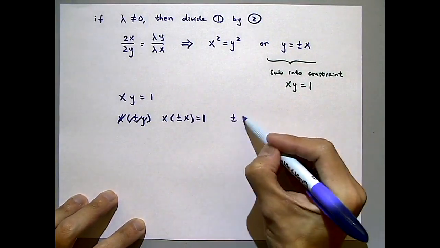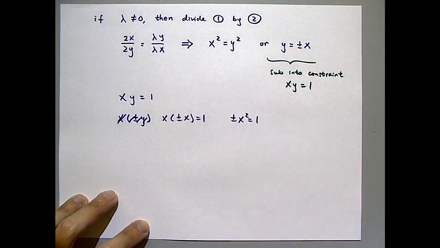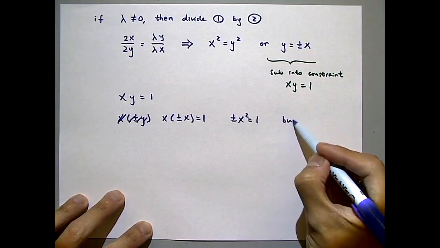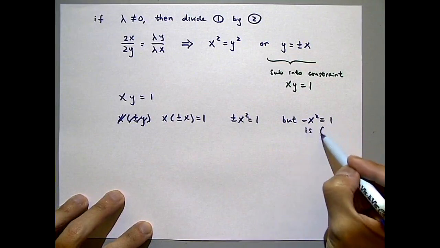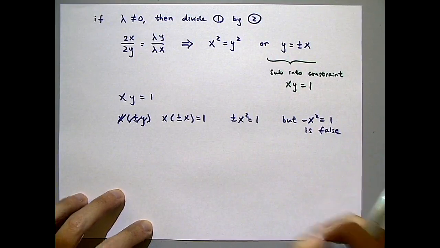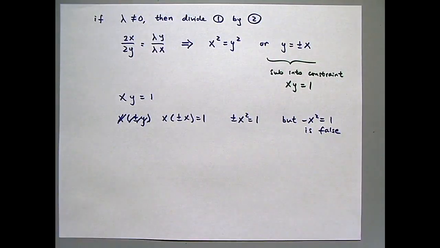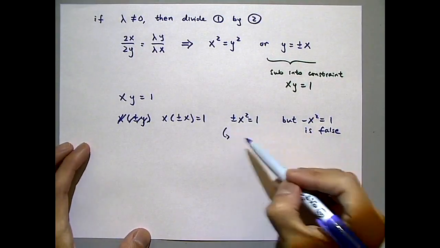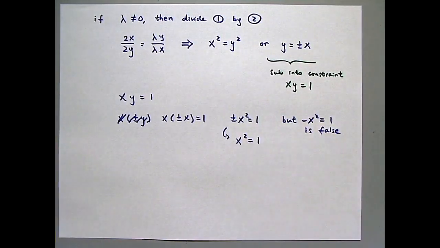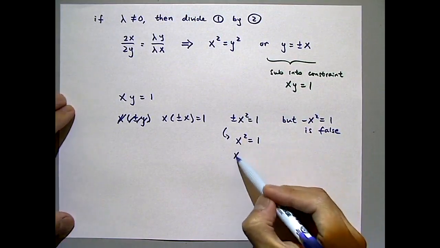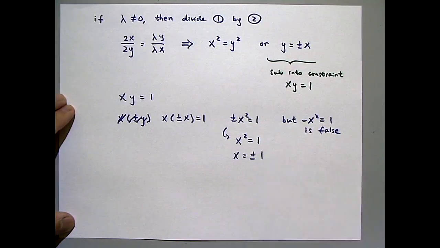So that says plus or minus x squared is equal to 1. But we also know that negative x squared equal to 1 is a false statement. This can never happen. So this implies that x squared must be equal to 1. Okay? Which means that x is equal to plus 1 or minus 1.